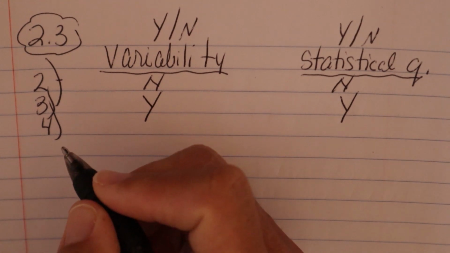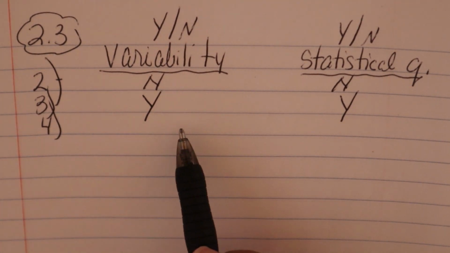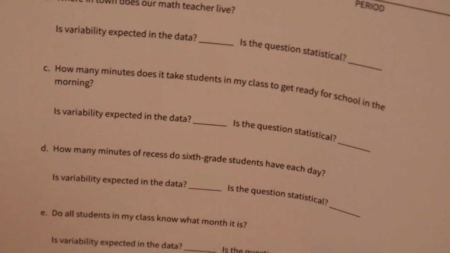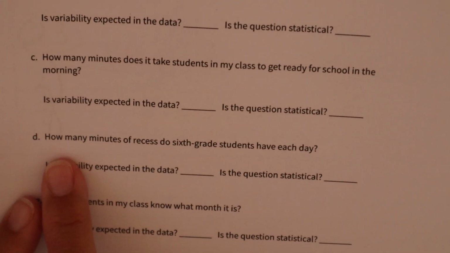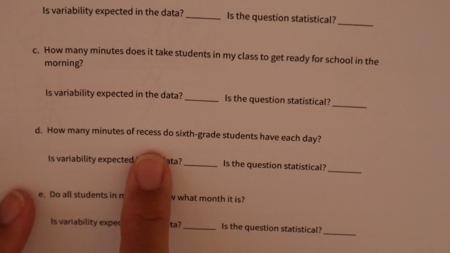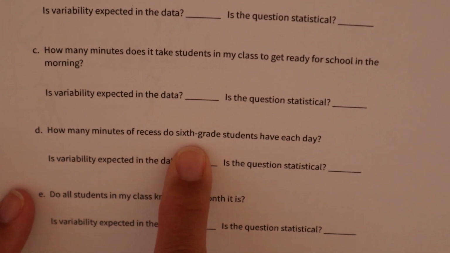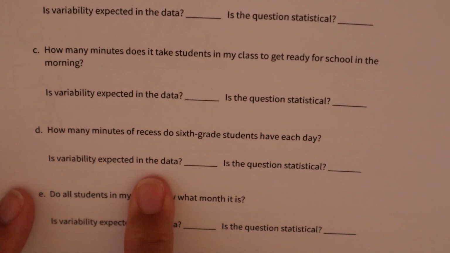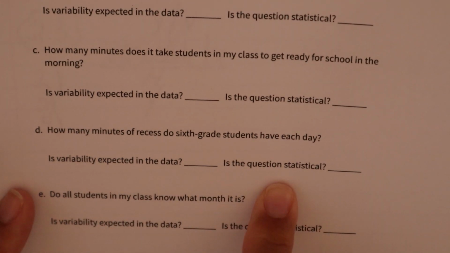Try another one together. This is very similar to what your homework's going to be like. So hopefully you guys are paying attention. Question 4. How many minutes of recess do 6th grade students have each day? So is there variability in this answer? And is the question statistical?